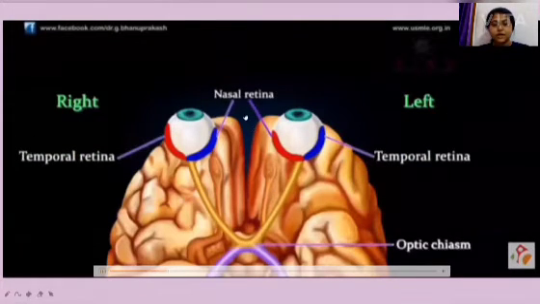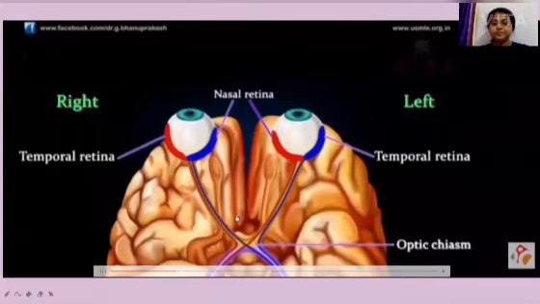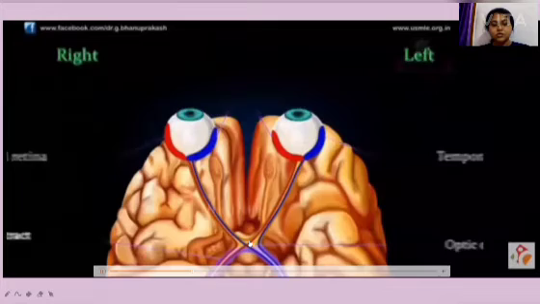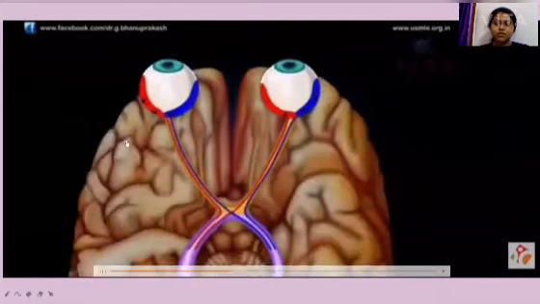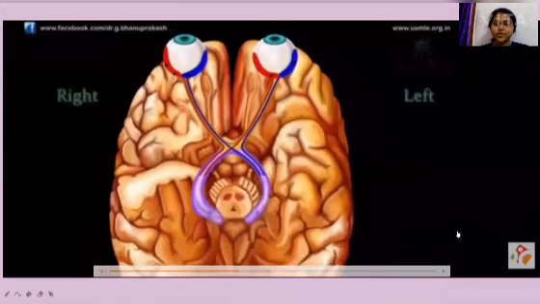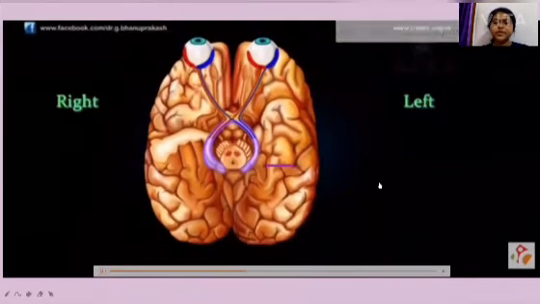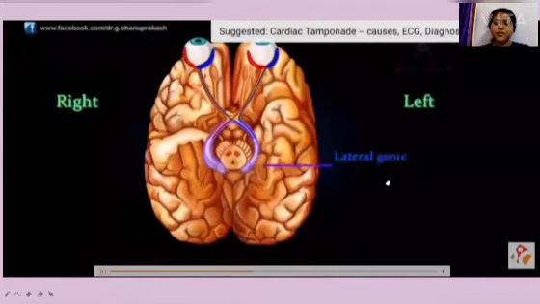But here the left visual field goes via the right optic tract, and the right field goes to the left optic tract. The optic tract then goes to the lateral geniculate nucleus. Some goes to the superior colliculus, some axons go to the suprachiasmatic nucleus, and some to the pretectum.